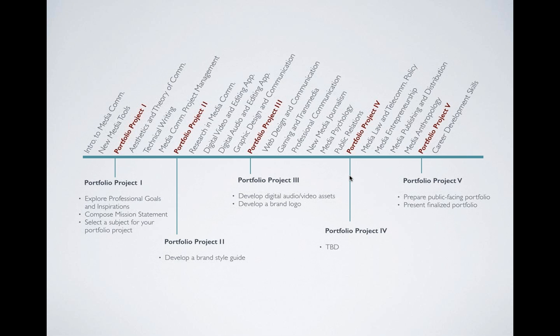So talking about transmedia, just to use that as the example, in selecting your portfolio subject, you might think about picking as your subject a company or an organization that could make use of transmedia in their promotion or in some other way.